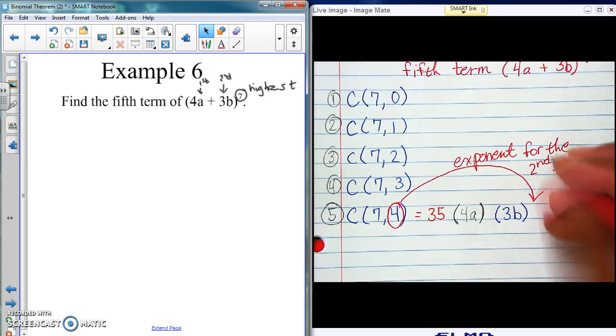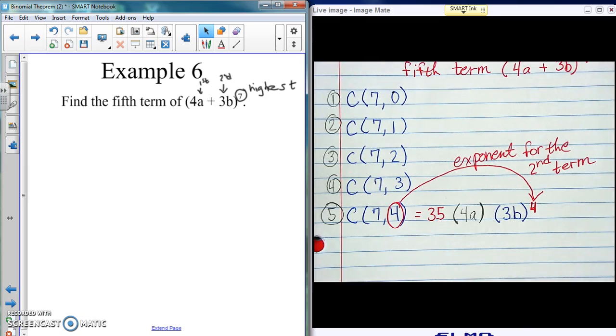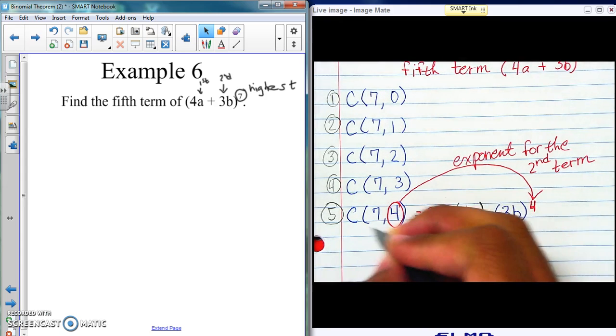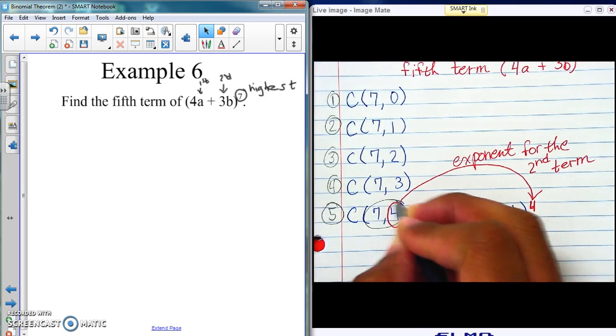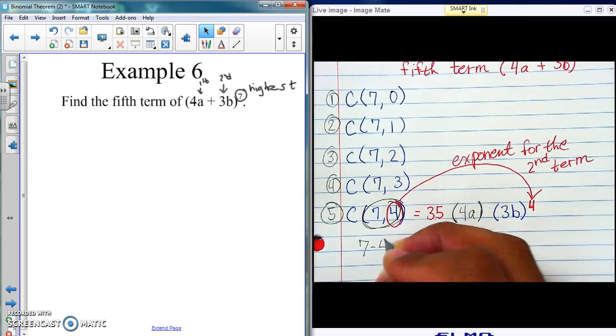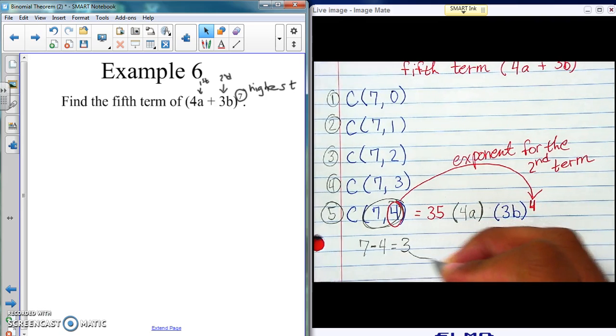So 4 is going to go right here. Now to figure out the other one, all you do is subtract these two numbers. 7 minus 4 gives you 3. And that's the exponent right here.